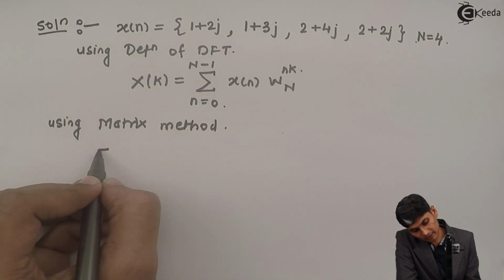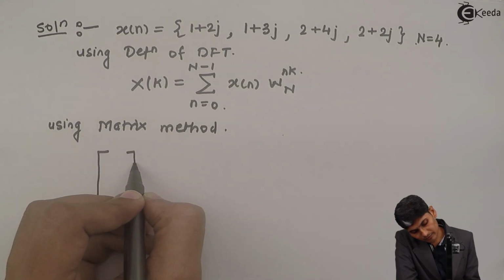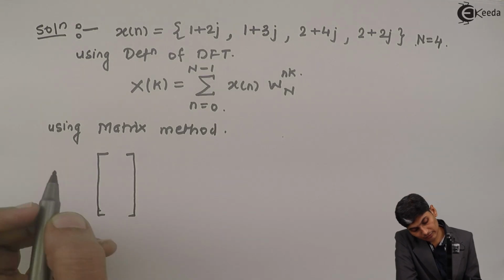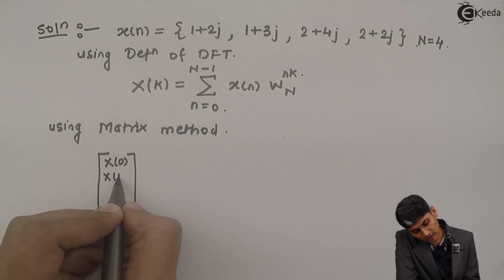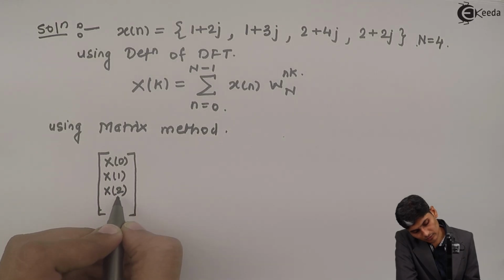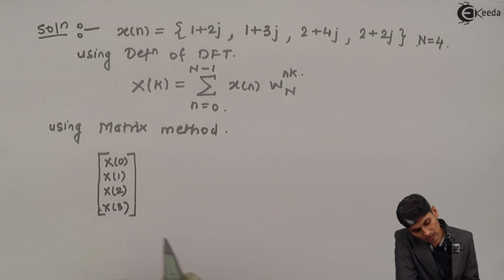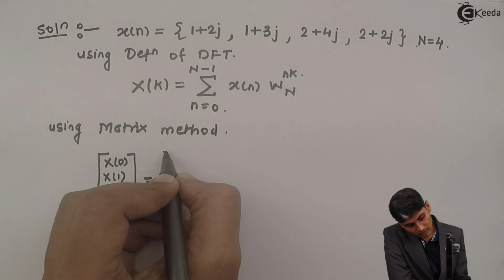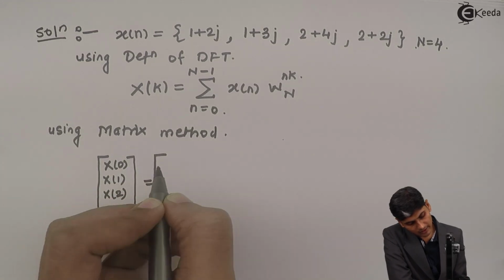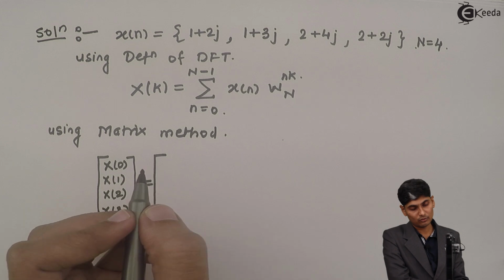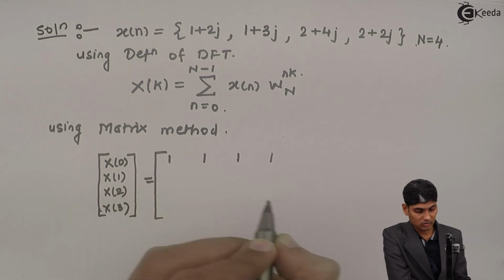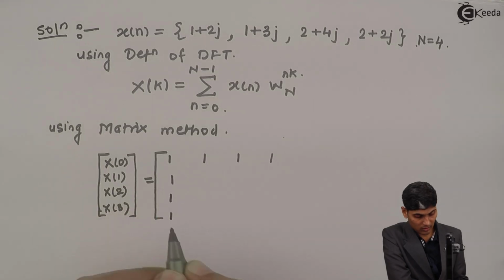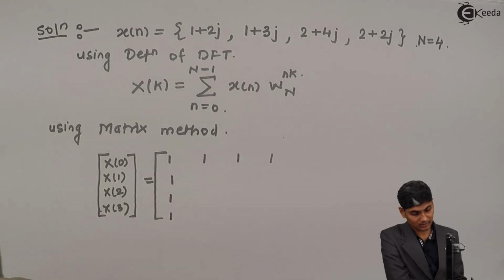So when I'm using the matrix method, I'm going to get on the left hand side capital X of 0, capital X of 1, capital X of 2 and capital X of 3. Whereas on the other side, because it's a 4 by 4 matrix, it is 1, 1, 1, 1 in the first row, first column, all ones.